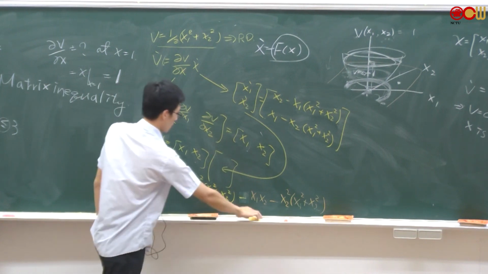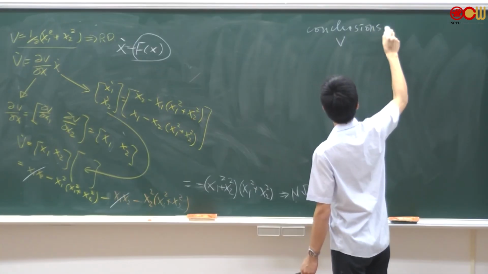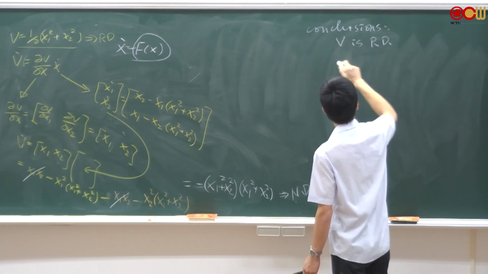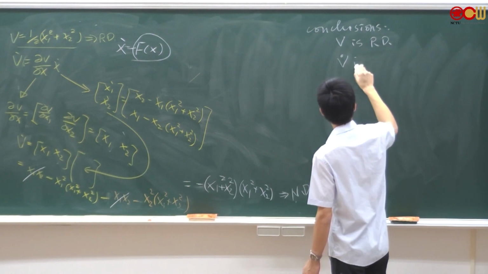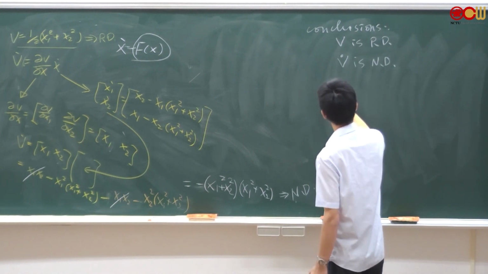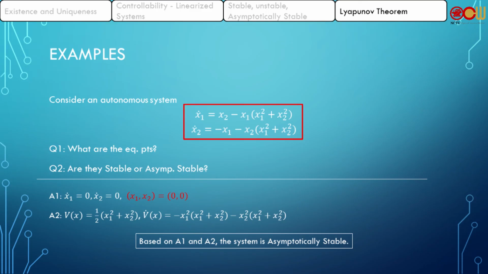Okay, let me put a minus here. V is PD, V dot is ND, that is AS, asymptotically stable. You don't need to solve for the solution. You know x1, x2 will go to the origin as t goes to infinity, no matter where you start.